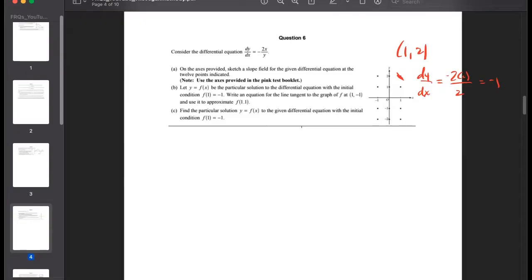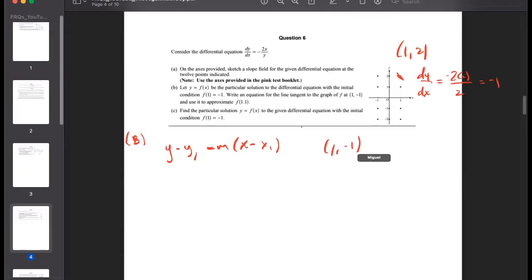So part B is asking you to find the particular solution with the initial condition f of 1 equals negative 1, but they want us to write the equation of the line tangent to the graph. That's y minus y1 equals m times x minus x1. Well, they give us a specific point already, 1 comma negative 1.